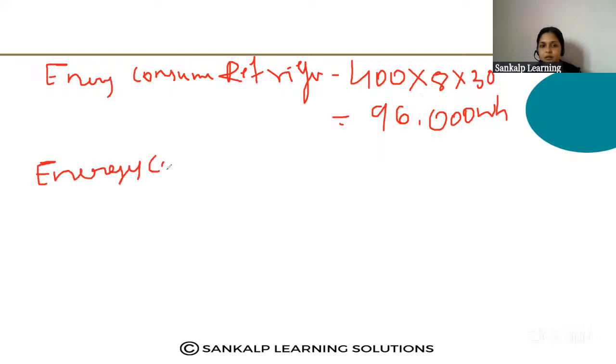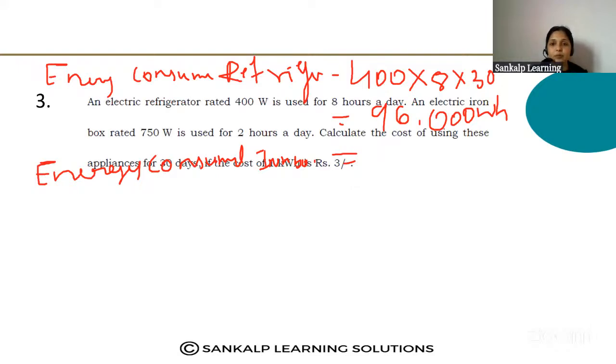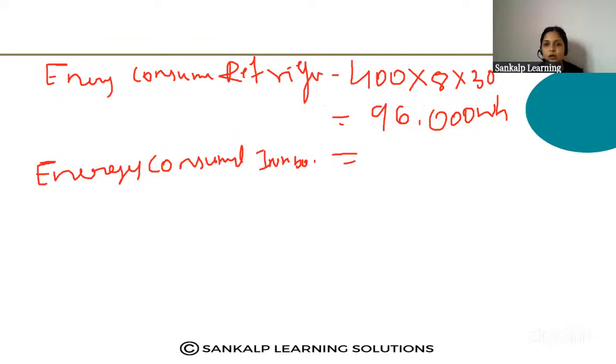Next, energy consumed by the iron box in 30 days is equal to, here, what is the power? That is 750 watt and 2 hours per day. 750 watt into 2 hours per day.